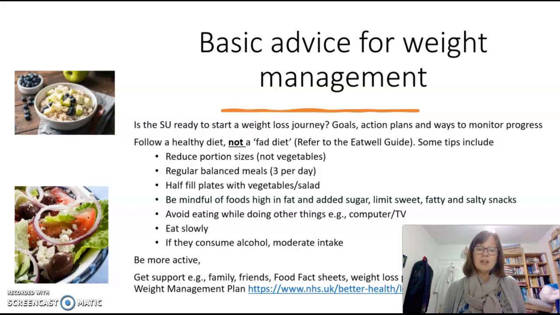There's also the NHS weight management plan. And some people may want to join weight management groups in the community, which is fine if they want to do that. So these are just a few starting points to think about with weight management. But key question, is that person ready to consider it?